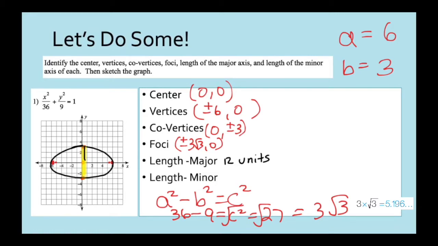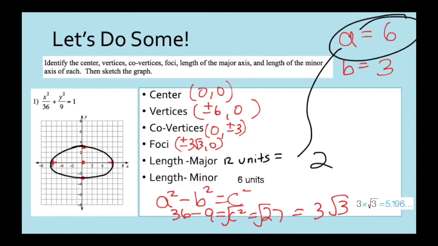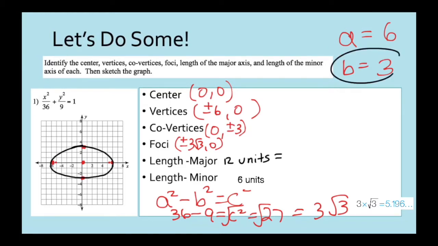So we know that that is 3 units and 3 units for a total of 6 units. I hope you noticed that the major axis is going to be 2 times that a value, and the minor axis is going to be 2 times the b value. That'll always be true. We have graphed it and found all the information that they asked for.